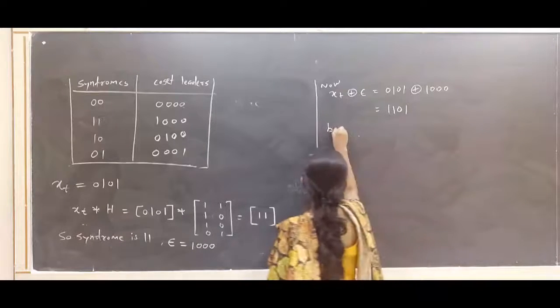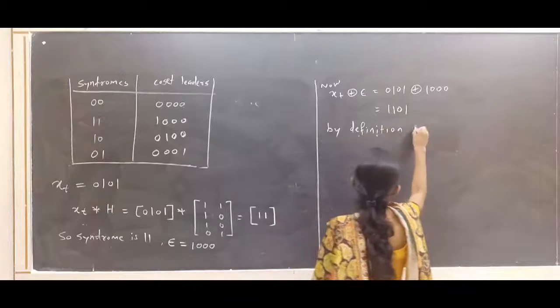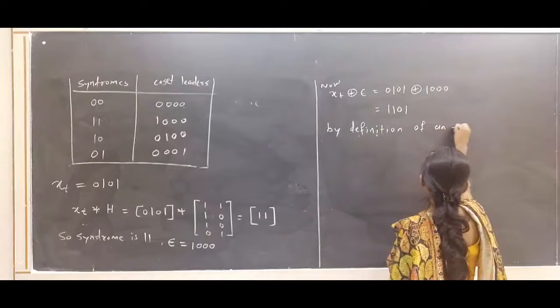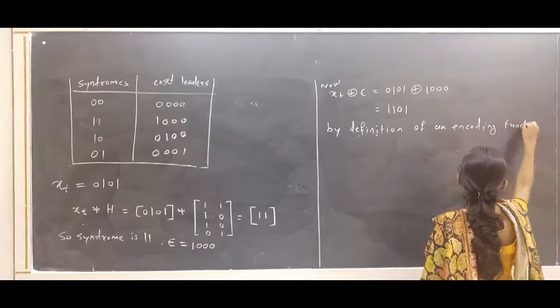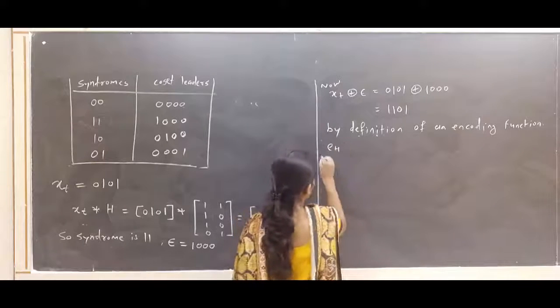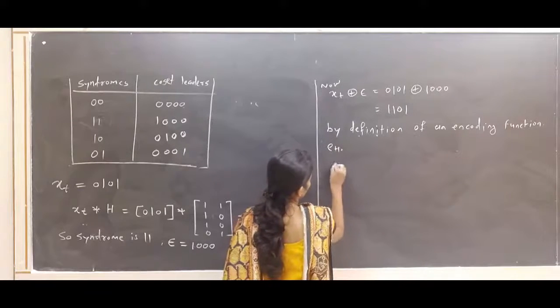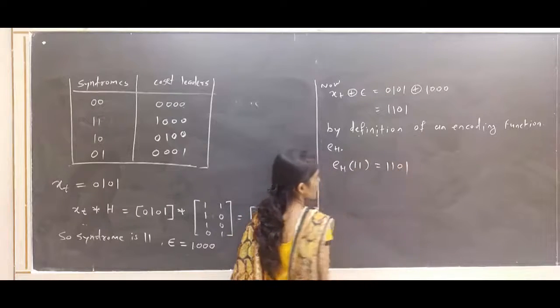So now again, by the definition of an encoding function EH, EH of 1 1 is 1 1 0 1.